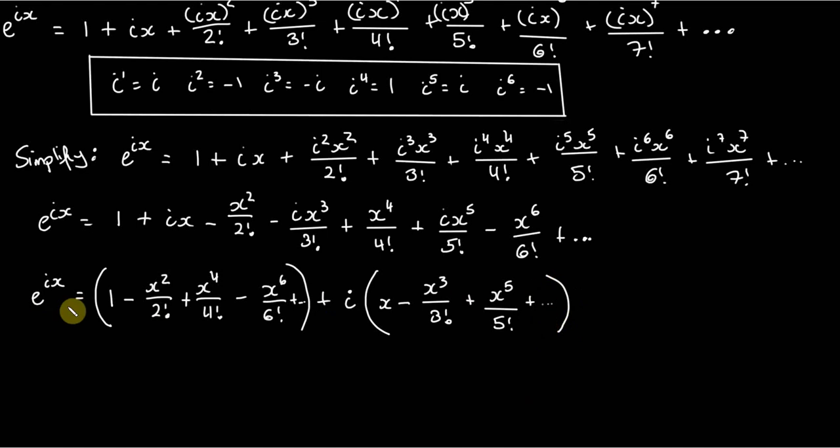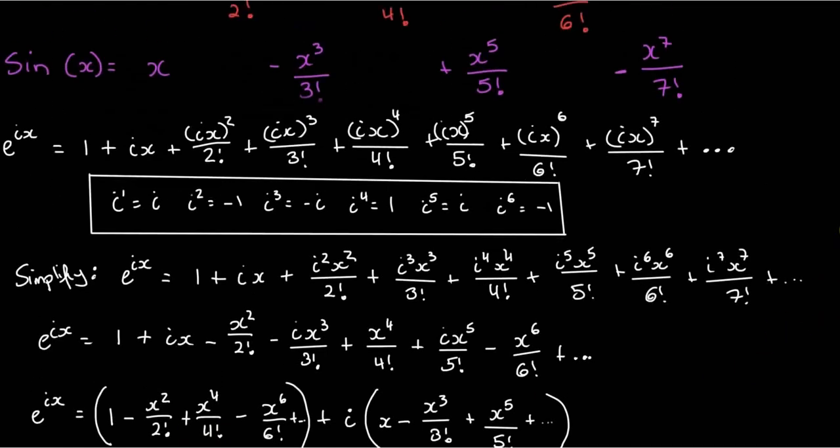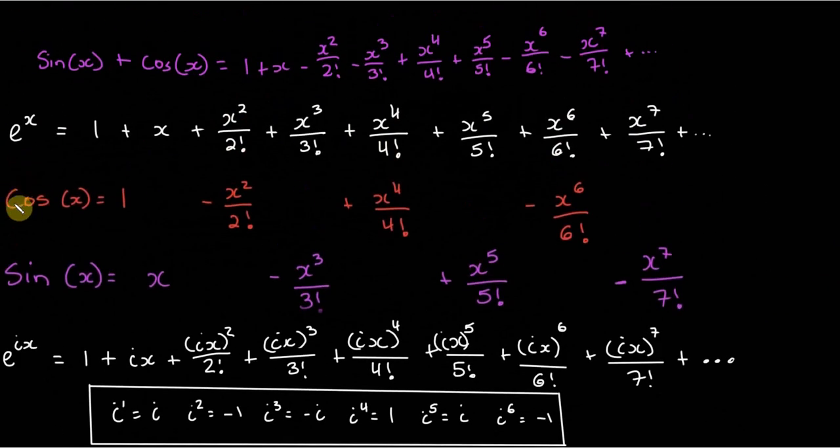What do we have in front of us here? We'll notice that for the real terms, this is actually the Maclaurin representation of cos of x. And if that is not clear, let's go up to the Maclaurin representation for cos of x. It's right here in red. We have 1 minus x squared over 2 factorial plus x raised to the power 4 over 4 factorial, and so on.